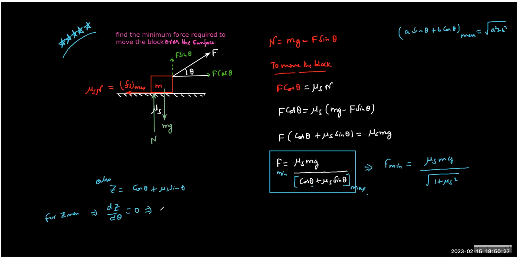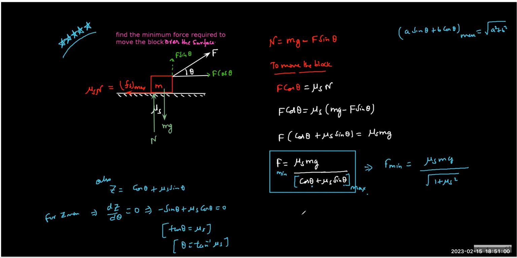If you do so, you will get minus sin theta plus mu s cos theta is 0. So tan theta equals mu s. It means theta equal to tan inverse mu s will give you the minimum force.